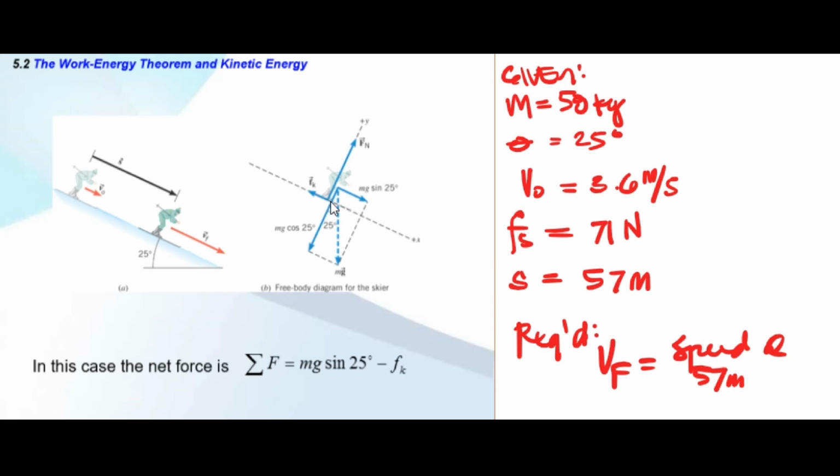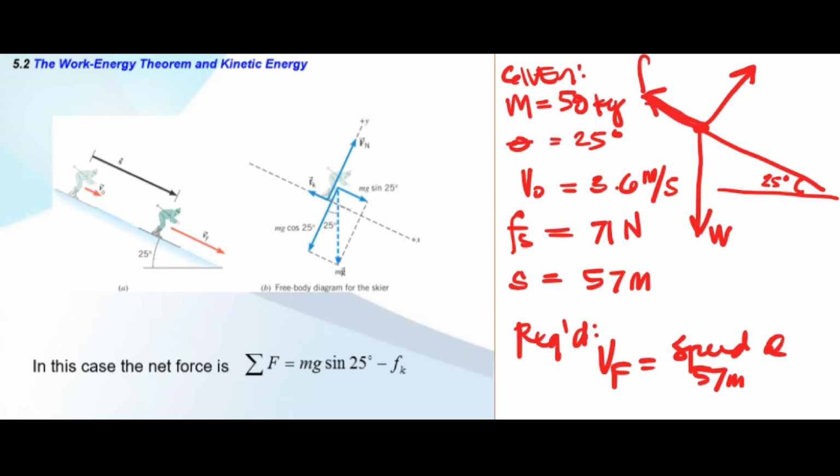The forces acting on the skier are its weight, mg, going downward, a normal force perpendicular to the surface, and the frictional force opposing the motion. So this is the free body diagram.